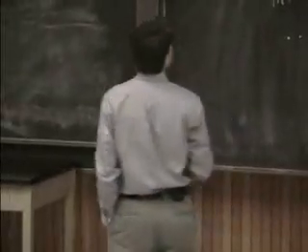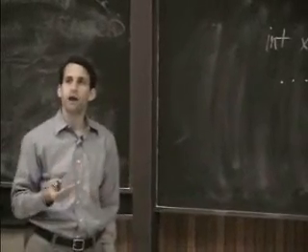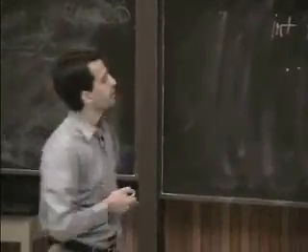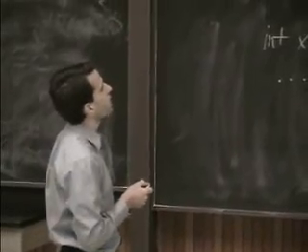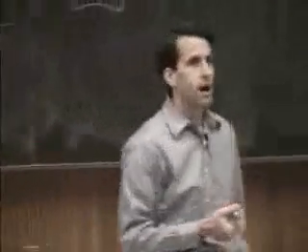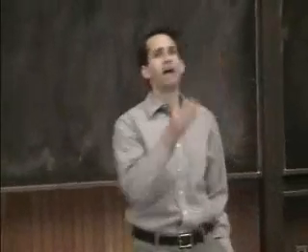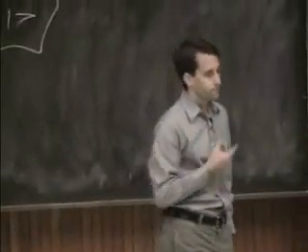So this first one creates a rectangle that has zeros: x and y location is 0, height and width is 0. And this sets the x and y location to those and the height and width to those. So notice that we have two constructors, or two methods of the same name, Rectangle and Rectangle, that operate differently depending on their parameter list.